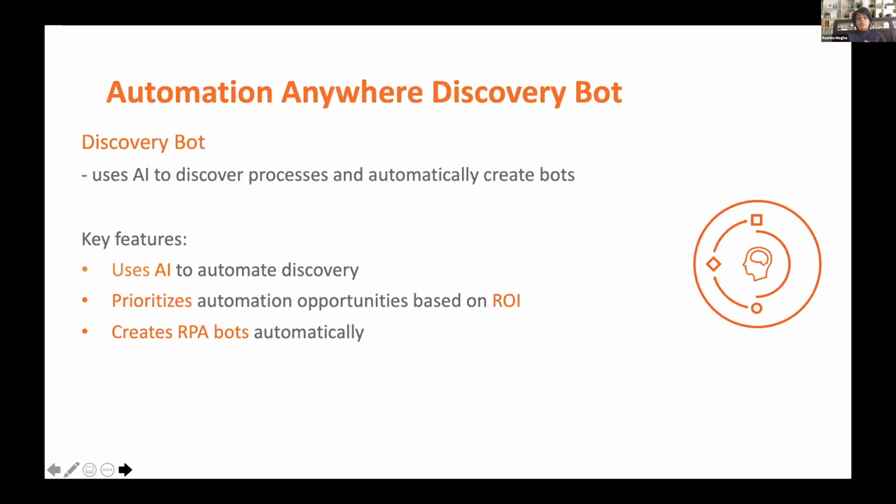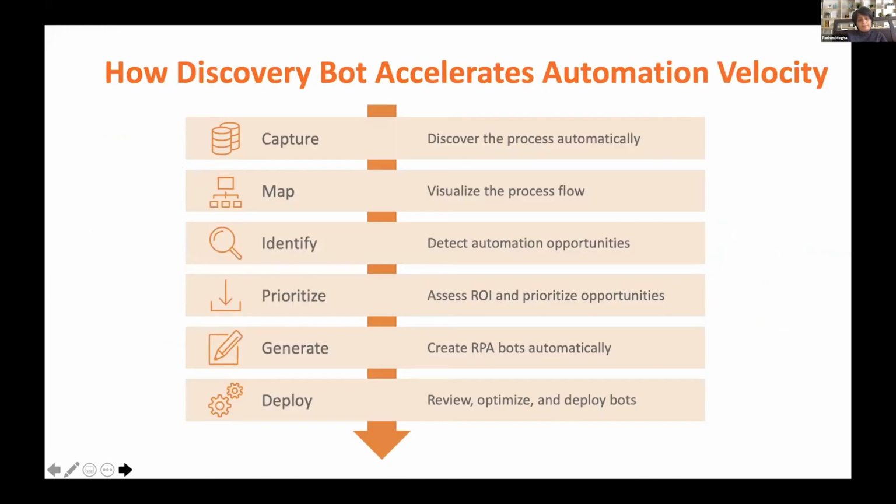Then you can prioritize the automation opportunities based on the ROI, and then automatically create the bots. So it kind of goes in the full circle, helping you with discovery, helping you put together a use case based on ROI to be able to put this together and then be able to create bots.